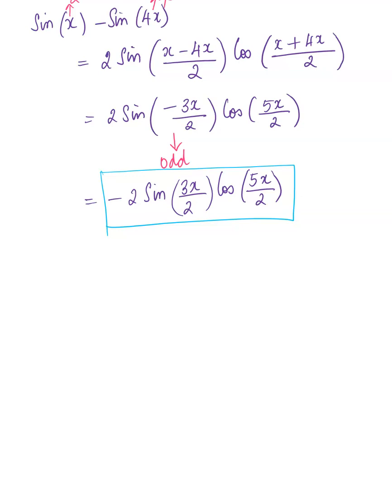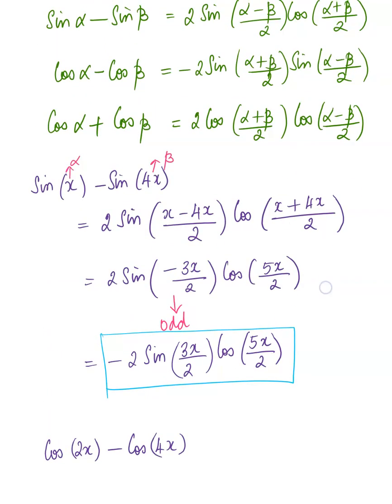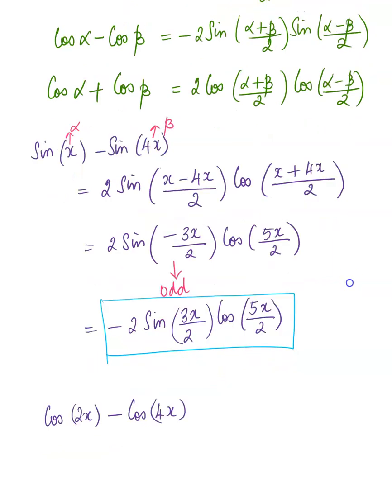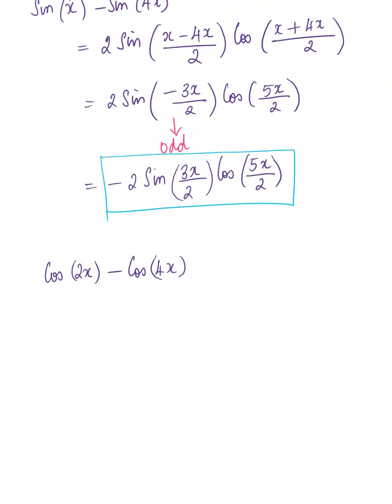And say you had cosine 2x minus cosine 4x. For this, cosine minus cosine would be the third formula. Again, this will be your alpha and this will be your beta.